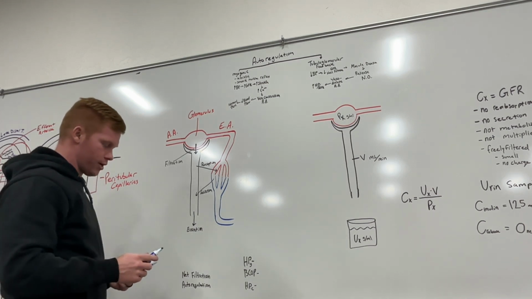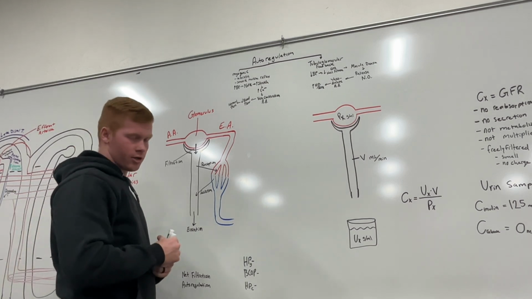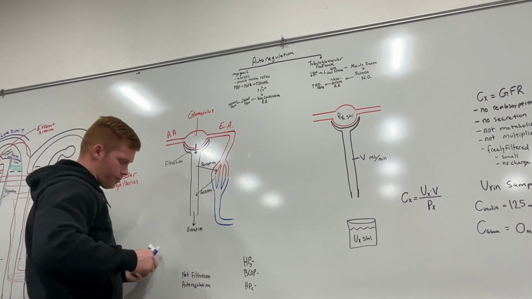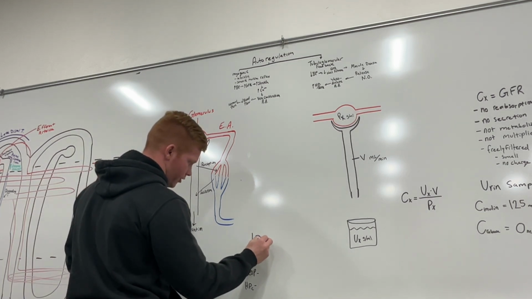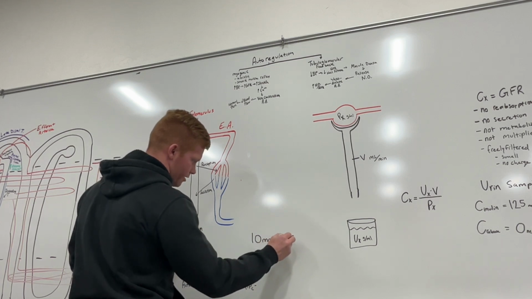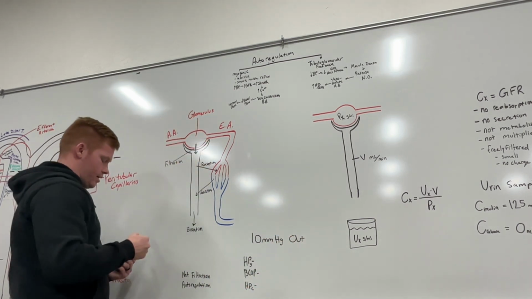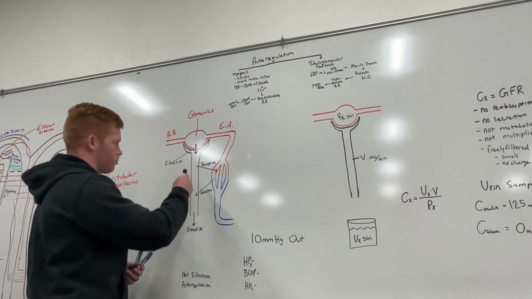And there's a net filtration pressure, and we're going to talk about what makes up that pressure. That net filtration pressure is, I believe, 10 millimeters of mercury going out. But we're going to talk about what creates that 10 millimeters of mercury going out. When I say out, I mean out of the capillary of the glomerulus into Bowman's capsule.